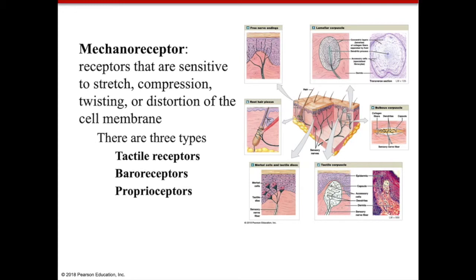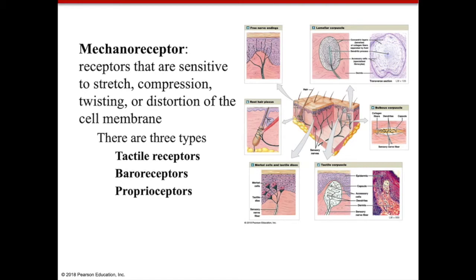Some are more superficial, some are deeper. So this will capture whether the distortion is very superficial, like when we are carrying a light object, versus when the distortion is very deep, for example, the distortion caused by a heavy object lying on our hands. So the location is very important.